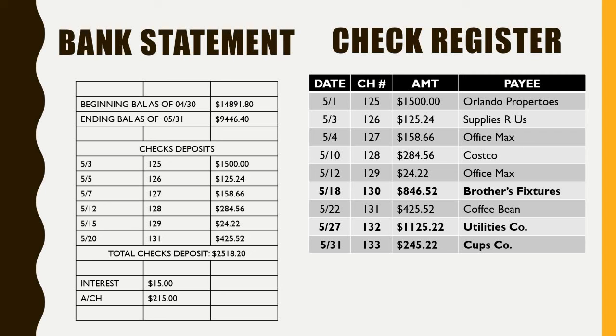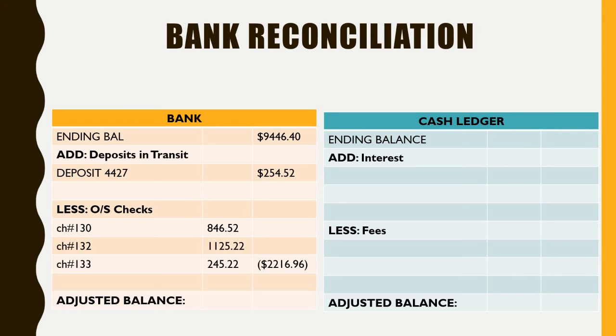So in this case, I have check number 130 for $846.52, and check 132 for $1,125.22, and check 133 for $245.22. I'm going to pop all those in there because these haven't cleared yet. So that's not something I need to take out from my checking account, because they're going to clear the next day, okay?